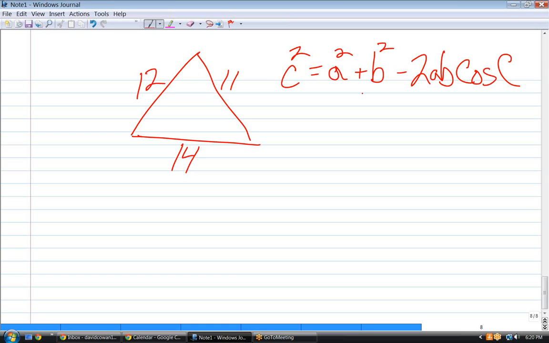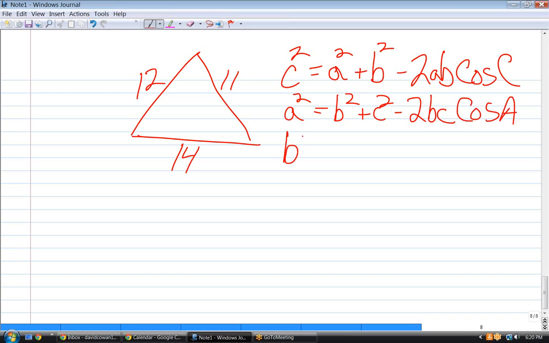You can switch any of these letters around. I could solve for a squared equals b squared plus c squared minus 2bc cosine of angle A. And the third case is b squared equals a squared plus c squared minus 2ac cosine of B.